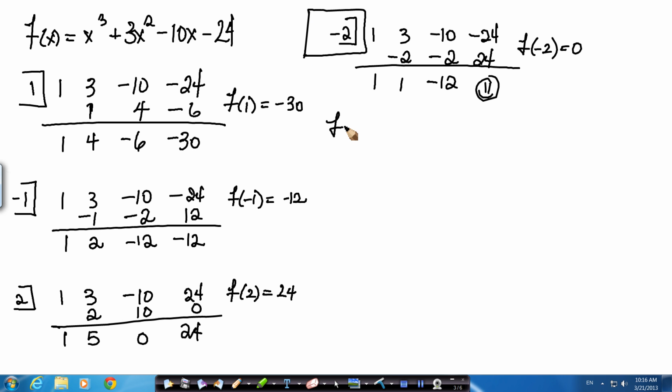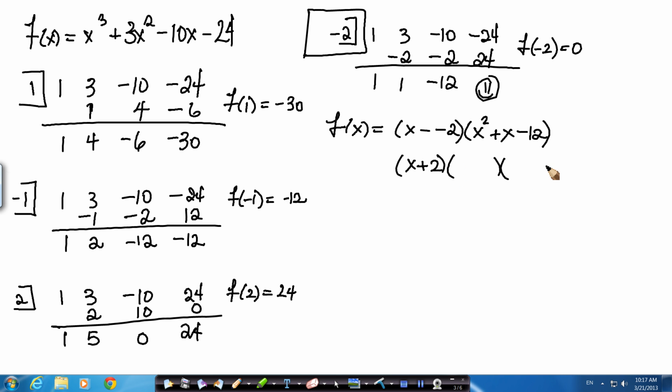So now we can write f of x equals x minus negative 2. Remember, because you always have to subtract whatever's in this box, times x squared plus x minus 12. Now, we can, of course, rewrite this as x plus 2 because that's prettier.